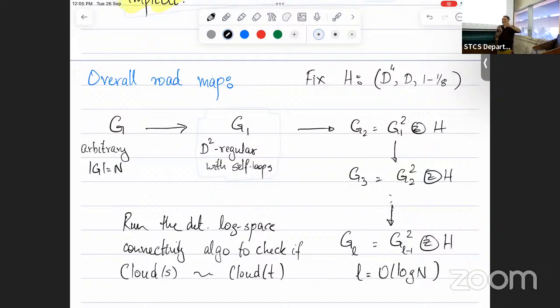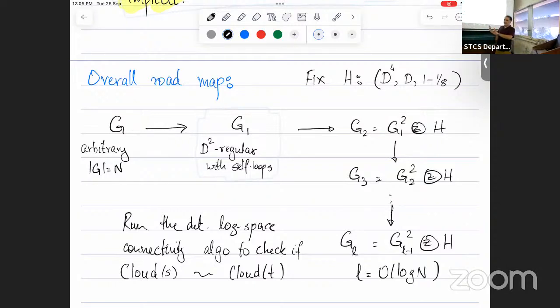So the cloud of S is whatever you got from S overall, and we're just going to check if anything from cloud of S is connected to a vertex in cloud of T. If you think of your vertex labels as being S comma blah, it's like saying: is the vertex S comma, say, 00000 connected to something that looks like T comma star? So that's one other way of interpreting this.